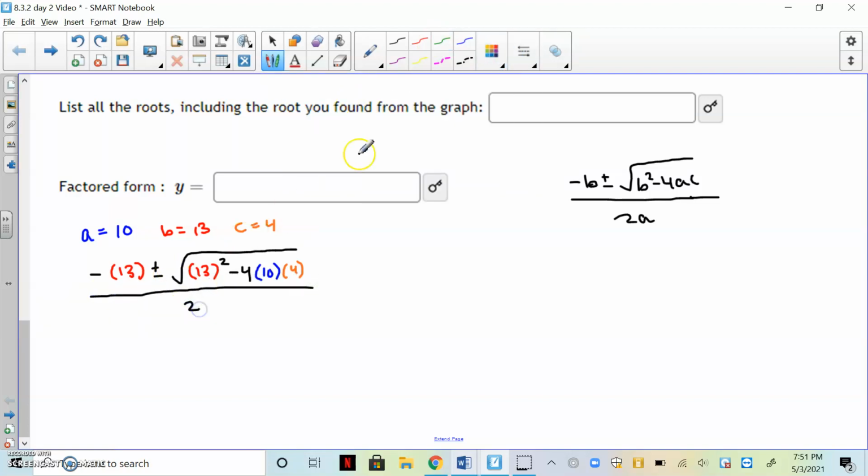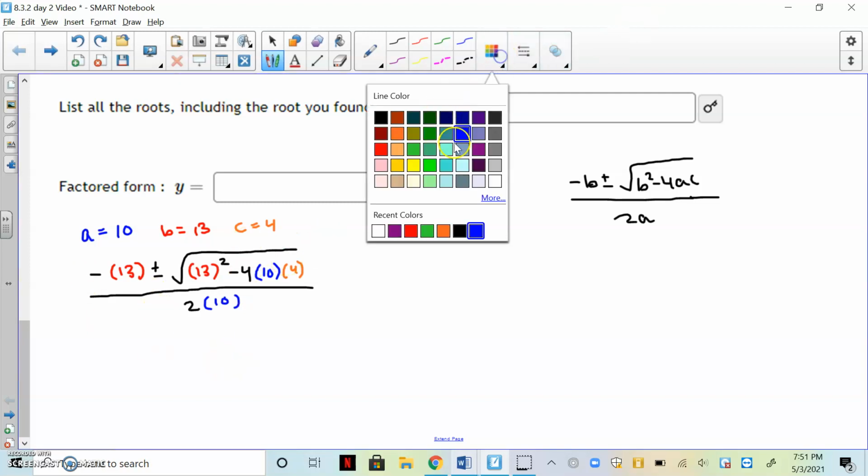Our a is 10, so we're going to stick a 10 there. All right, now we've plugged everything in, and of course this is where we get to simplify everything one by one.